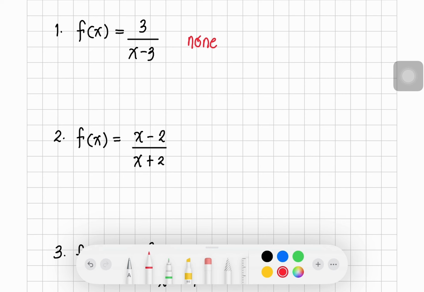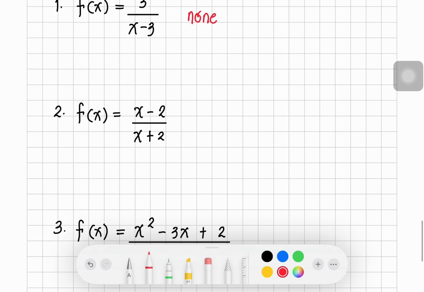And now, sa number 2, f of x equals x minus 2 all over x plus 2. Kapag sinabi natin zeros of a function, magiging 0 yung buong function natin. So let's see. I-equate natin yung numerator natin by 0. So x minus 2 equals 0.